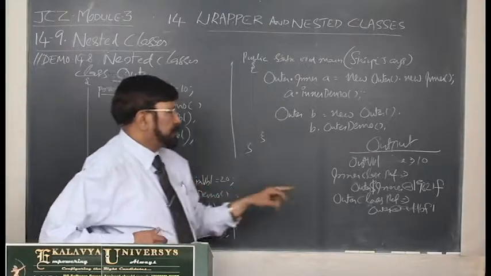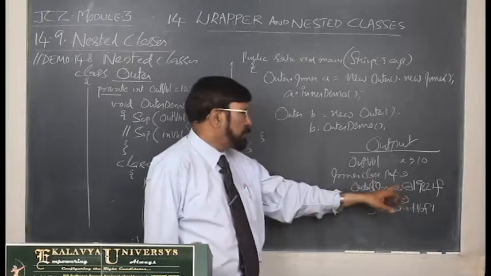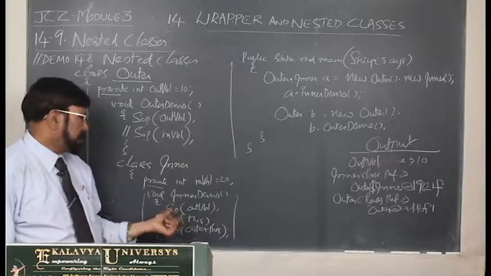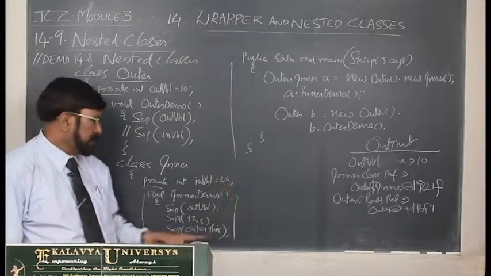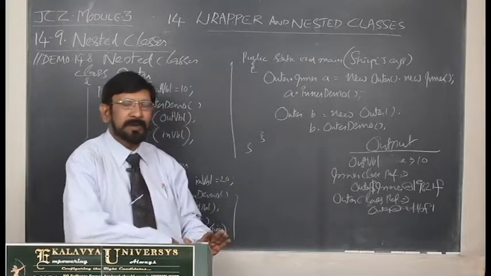Thereafter, you see what I told is the hash code. The hash code of the inner class reference is printed because of this. That you have to understand.